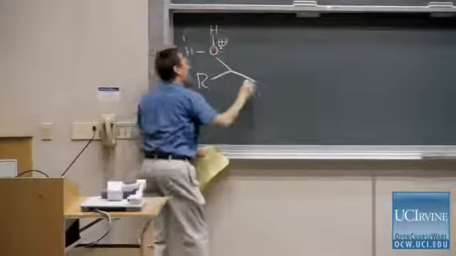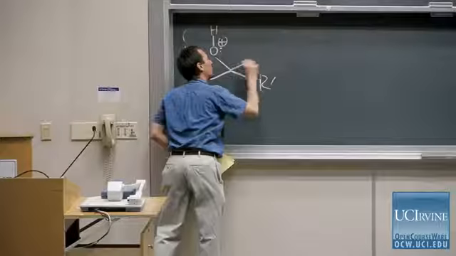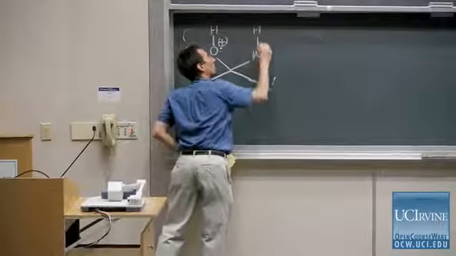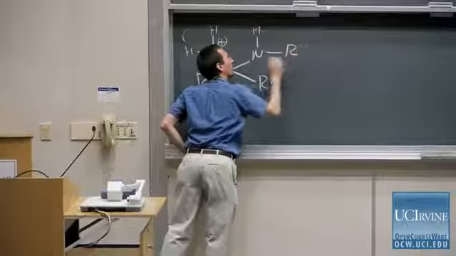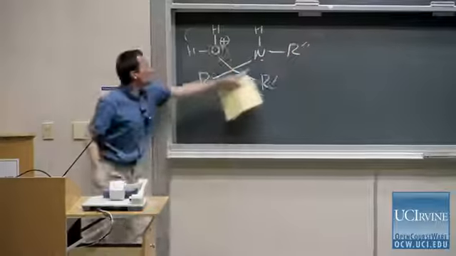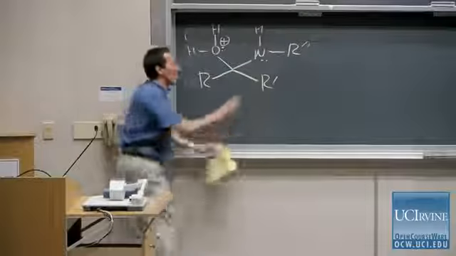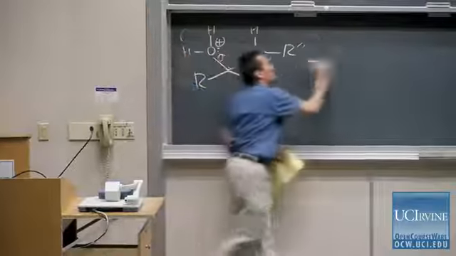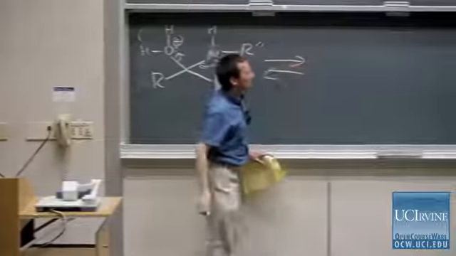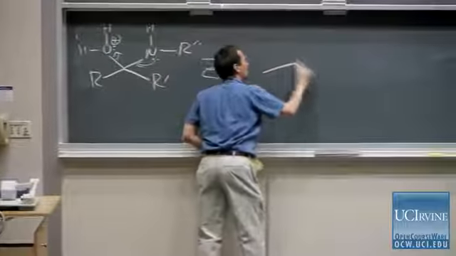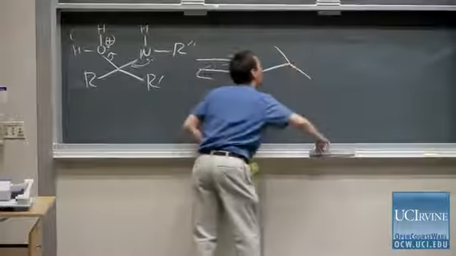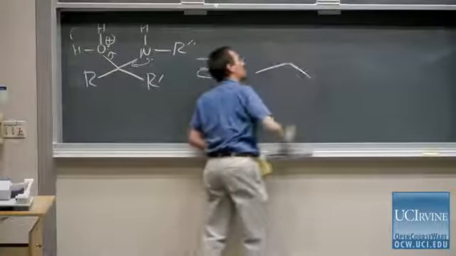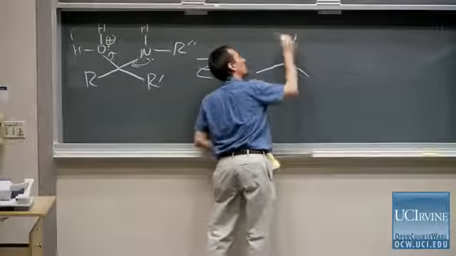So I'm just rewriting the species. Electrons are going to flow from the nitrogen and push out water. And again, every step in this reaction mechanism is an equilibrium. Now we're going to get a double bond to nitrogen.